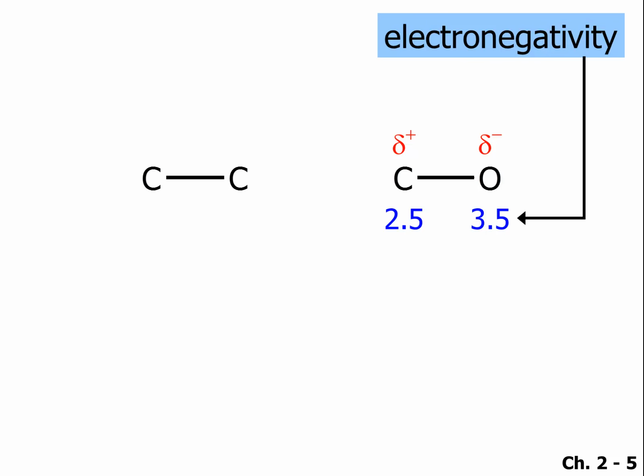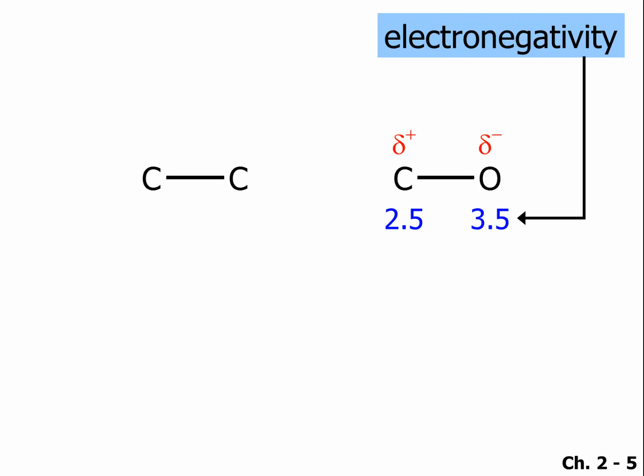So if we do our math here, 3.5 minus 2.5 gives us a difference of 1. And of course, that's right square in the middle of our polar bonds. You'll notice that carbon, the less electronegative of the two, has the partial positive over it, indicating that the electrons are being drawn away from it, because the oxygen has a greater affinity for those electrons, greater electronegativity.